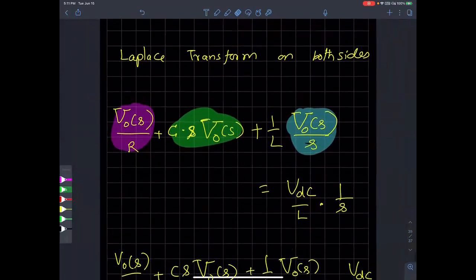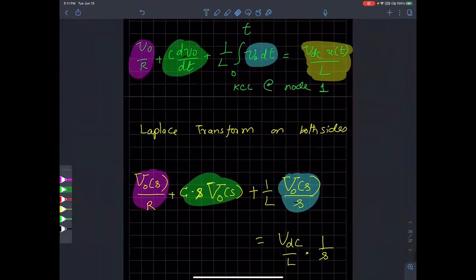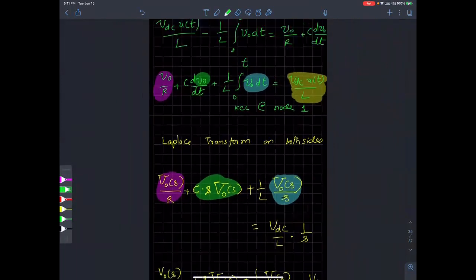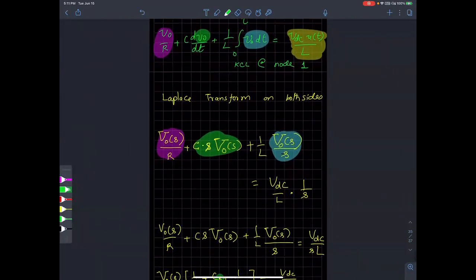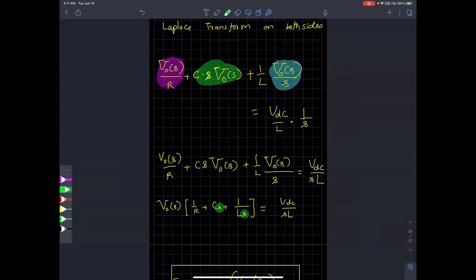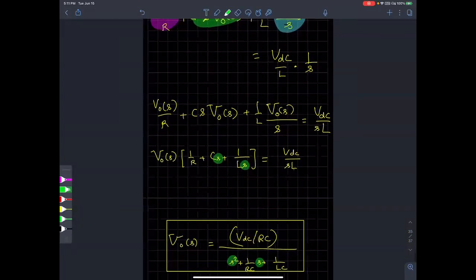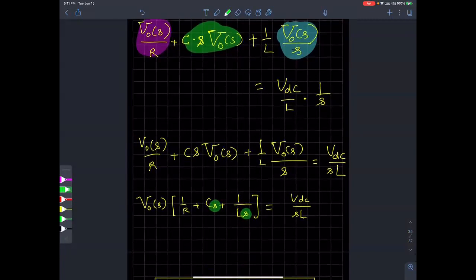In the Laplace domain, what you got is VO of S over R plus C times S VO of S. A derivative of the V0 function, the Laplace transform is that. And then you wrote the Laplace transform of all the derivative and integral functions of all the terms in the equation. Then it's just a matter of algebraic simplification.